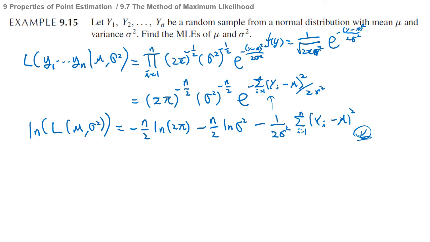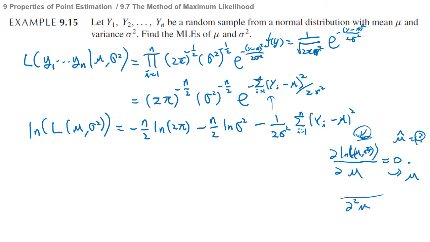And so the usual trick is to differentiate with respect to mu and set it to 0 and solve it for mu to find mu hat equals something, and also check the second derivative at mu equals mu hat.